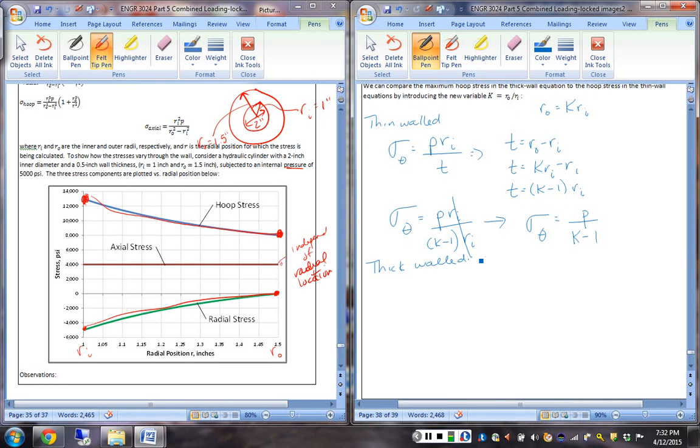The thick-walled expression, the maximum happens at the inner wall, so our sigma theta sub max is our outer radius squared plus our inner radius squared times the pressure over the difference of the squares.